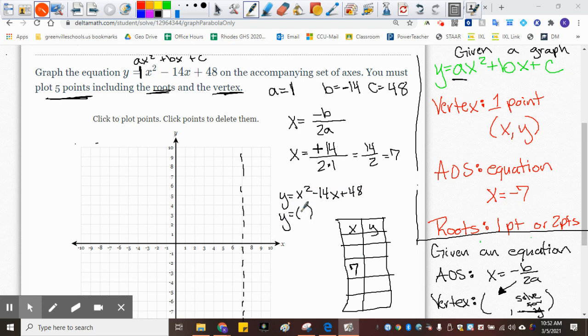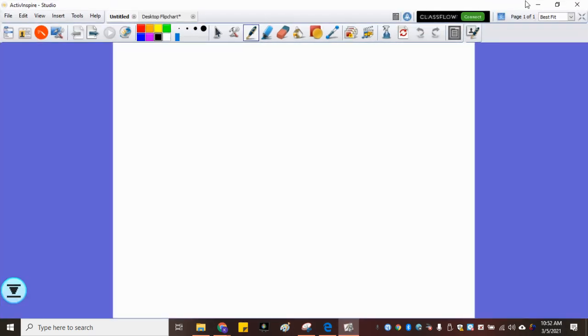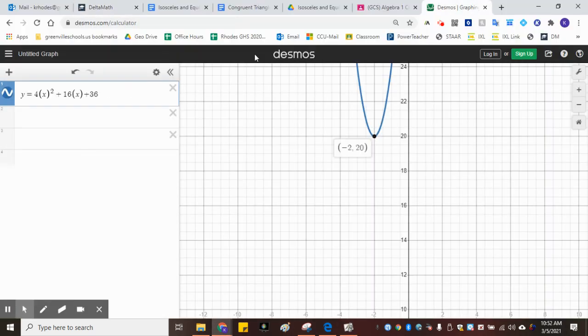So first I'm going to plug in 7 for x's. So I'm plugging 7 in to figure out what the y is of my vertex. Go to Desmos.